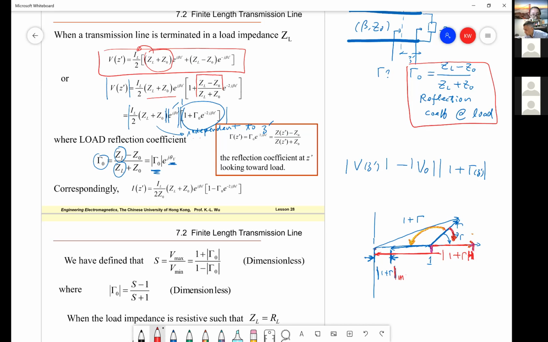This is the minimum value. This is the maximum value. Okay, right? So that means the maximum voltage you can have is equal to 1 plus the magnitude of this, and this is equal to 1 minus gamma, right?